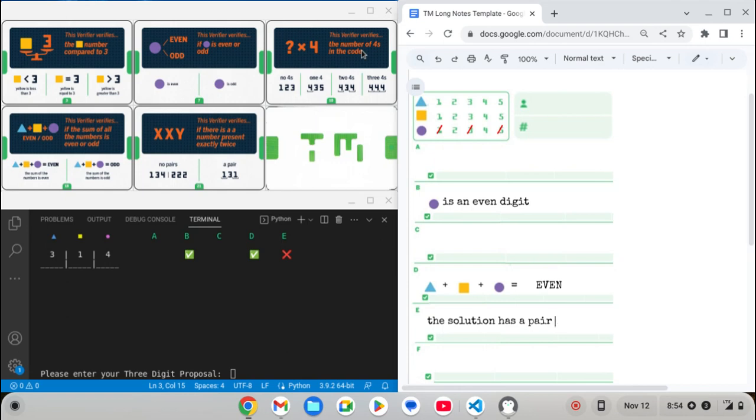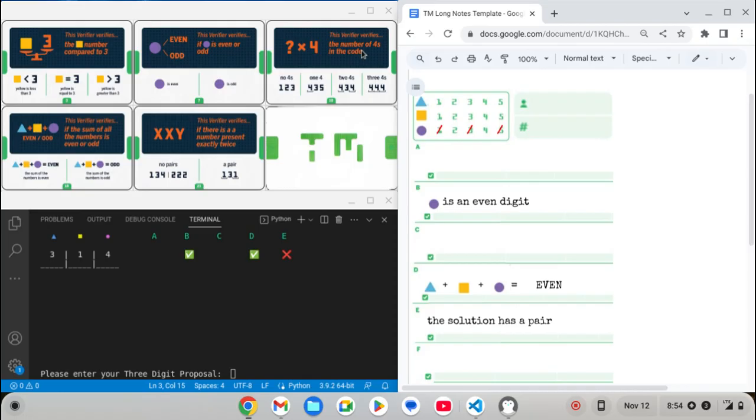So it kind of boils down to A and C. I'm leaning towards triangle and square being both odd, and then the circle digit is an even. It'll either be a 4 or a 2.